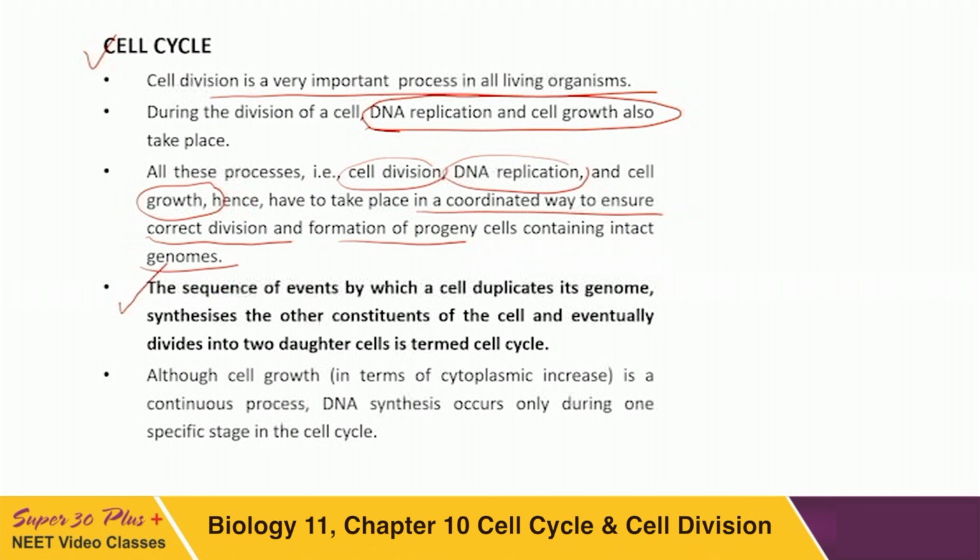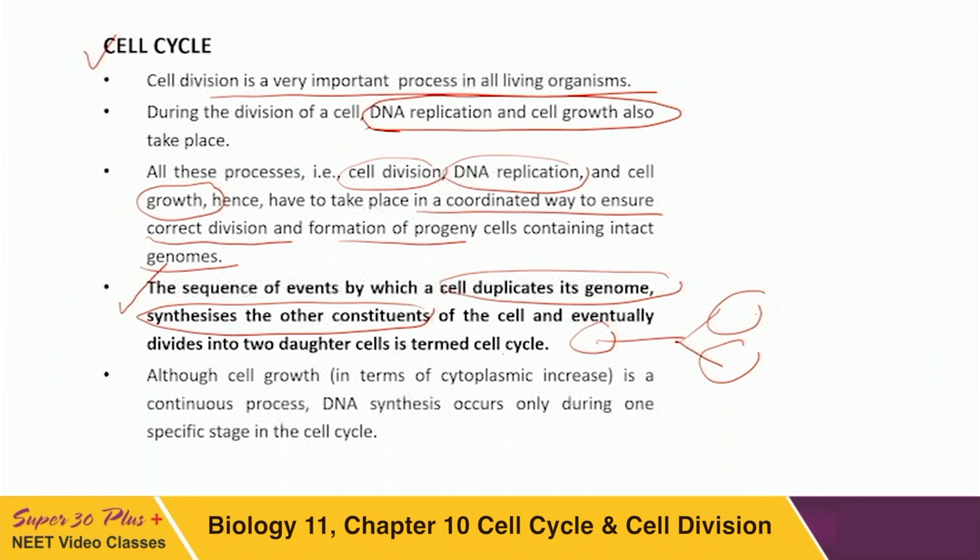The important thing here is that this sequence of events by which a cell duplicates its genome, synthesizes other constituents of the cell, and eventually divides, so that from one cell two cells are formed, is known as the cell cycle. So during the cell cycle, there will be duplication of the cell.